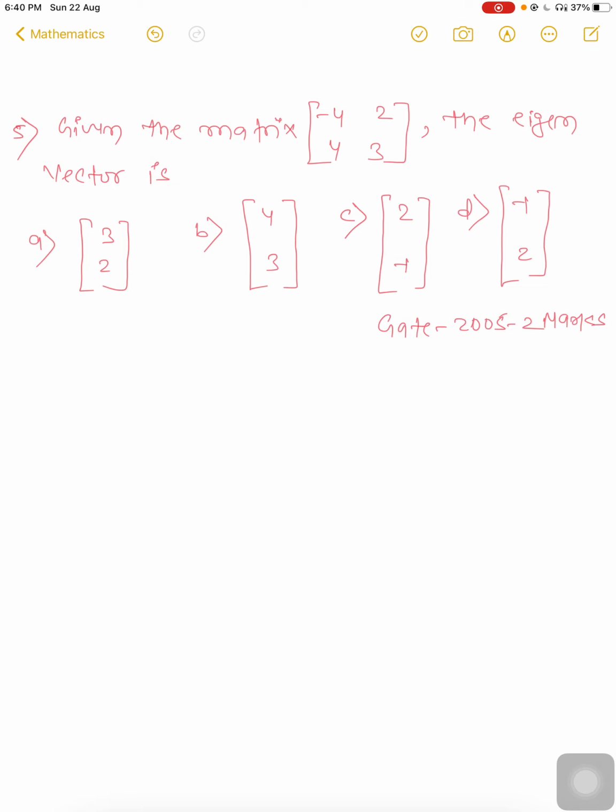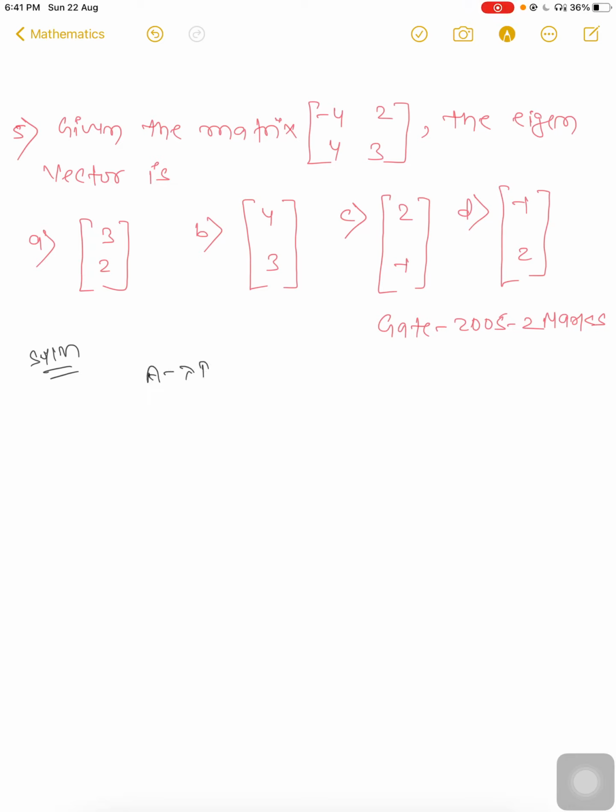Now the fifth question: the matrix is given and we have to find out the eigenvector. First of all we have to find the eigenvalues, and for the corresponding eigenvalue we will find the eigenvector.